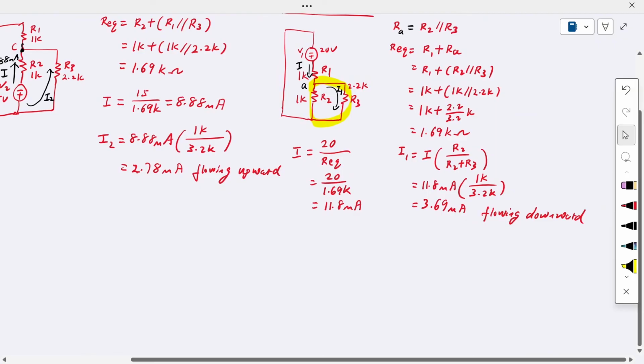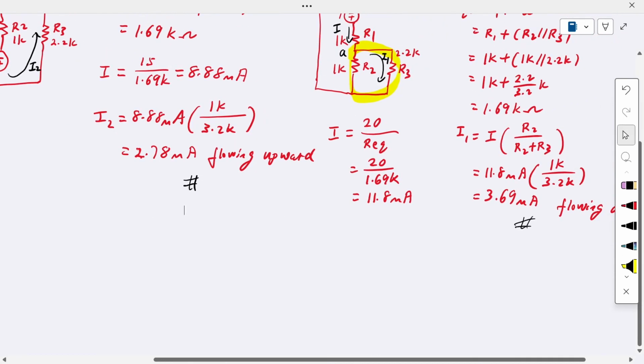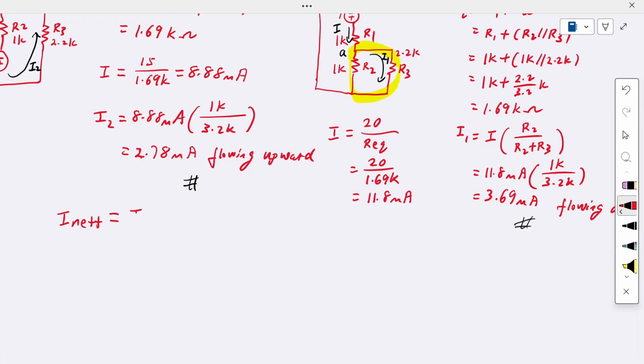So now we have the two currents, I1 and I2, already calculated: 3.69 and 2.78. The net current, I net, passing through R3 is I1 minus I2.